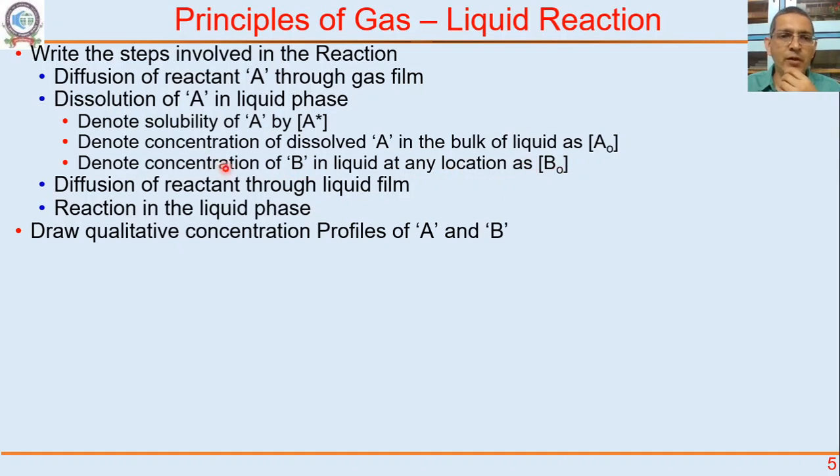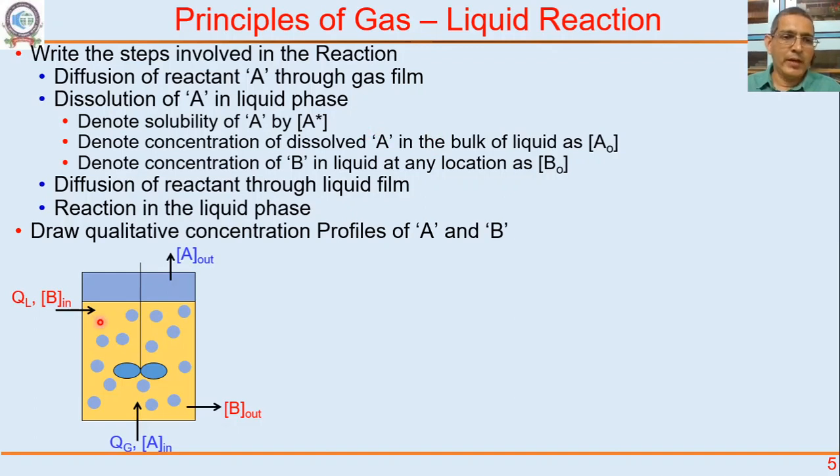So diffusion of reactant A occurs through this liquid film, and then it reacts. I want you to draw qualitative profiles of A and B. Pause the video and draw to explain this mechanism. Draw for yourself.